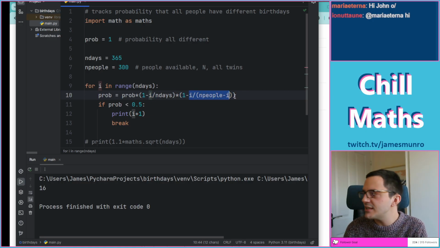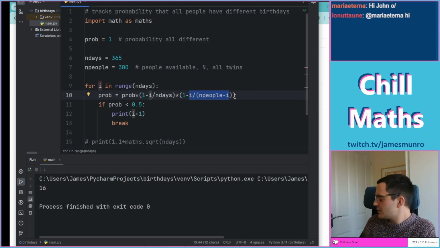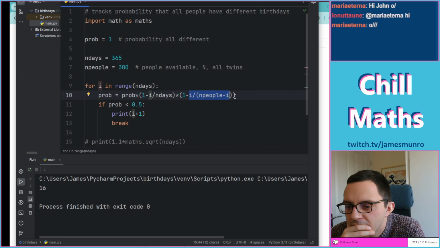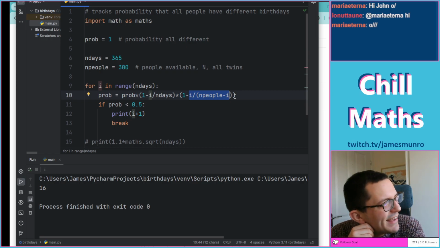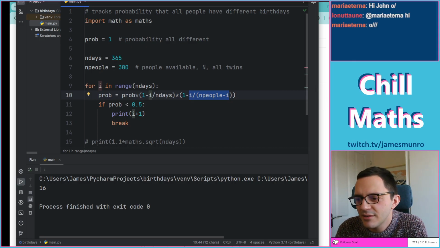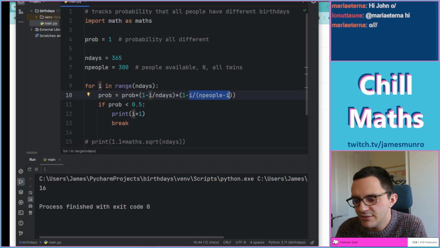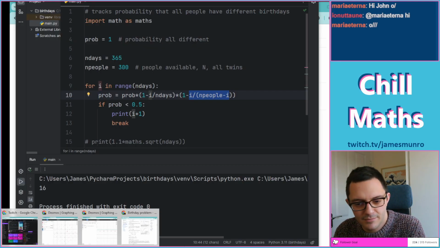Adding these terms, is it even worth the approximation? N people minus i. Can I add them? Not with that attitude. Sorry, stupid thing to write down, but I'm going to write out some of these terms and think about whether or not I can add them.